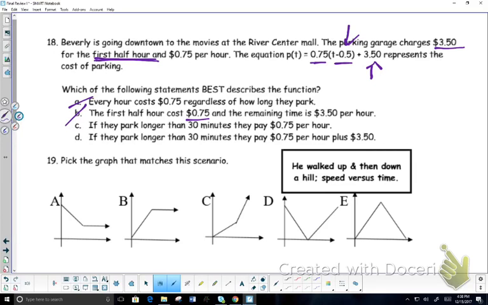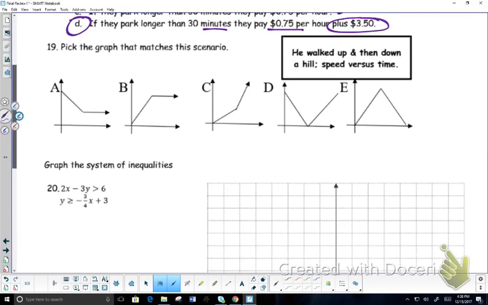If they park longer than 30 minutes, they pay 75 cents per hour. Well, this is kind of true, isn't it? But it doesn't say anything about that $3.50. If they park longer than 30 minutes, they pay 75 cents per hour plus the $3.50. So D is actually going to be your answer, and that's just because C is incomplete.